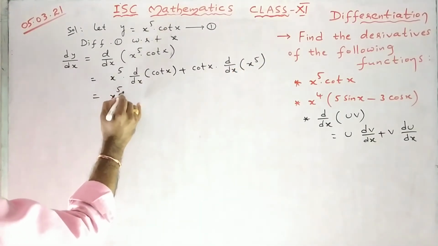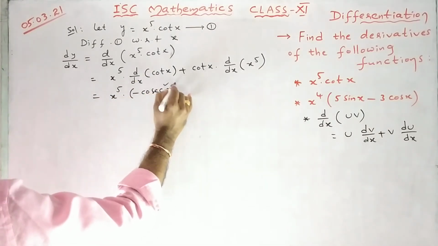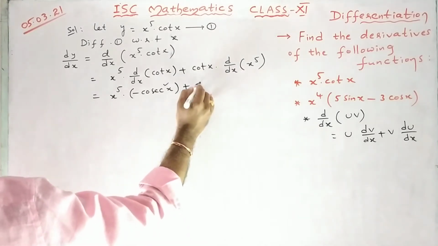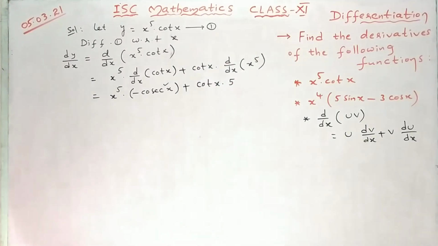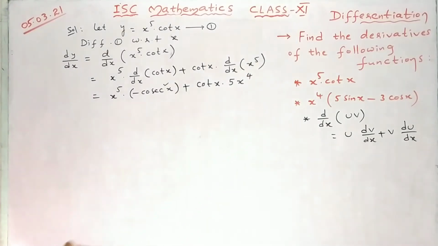So x to the power 5 into cot x derivative, minus cosec square x, plus cot x into x to the power 5 derivative, 5 into x to the power 4.